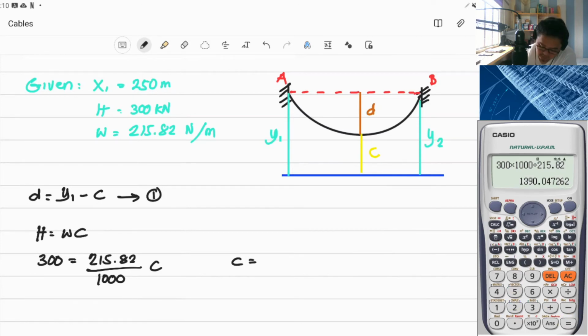So C is 1390.05 meters. Now we have the distance of C.